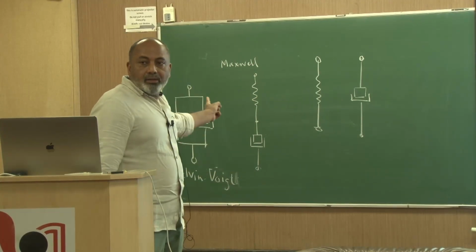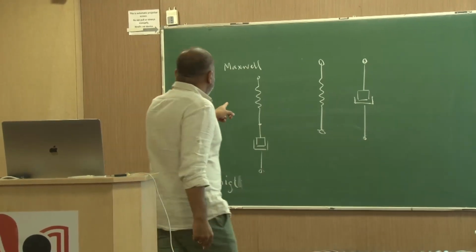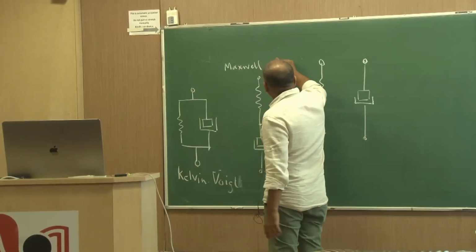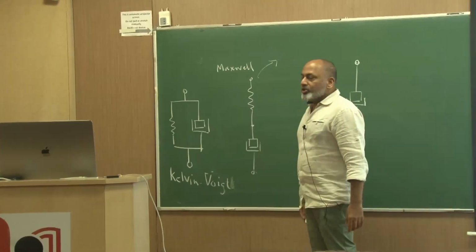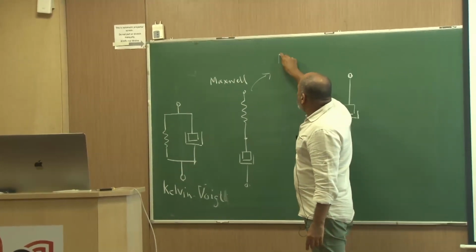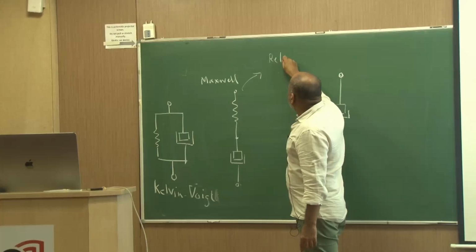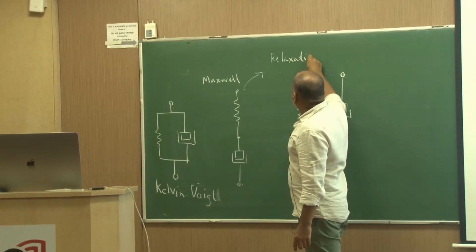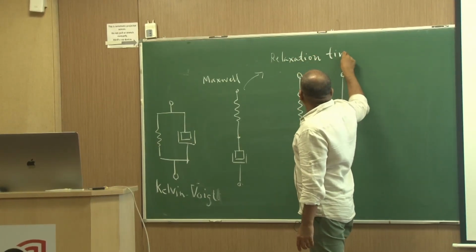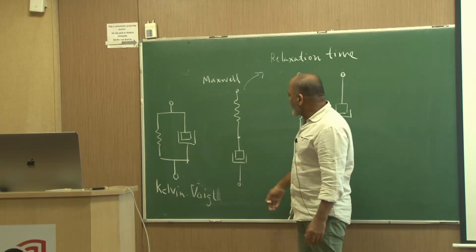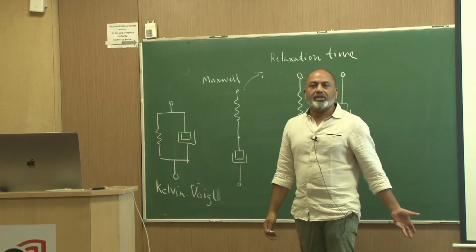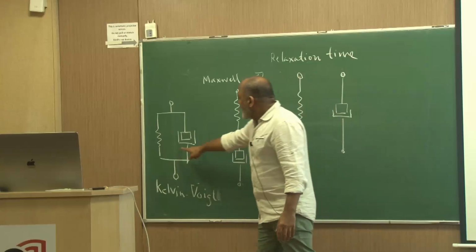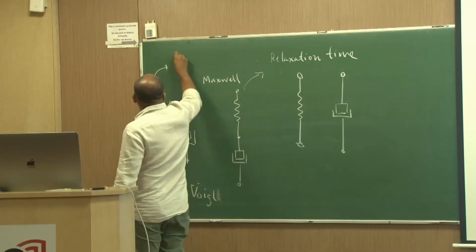Now, for these kinds of materials, this Maxwell thing is talked about in terms of relaxation time. That means if I apply a stress and release it, what is the time it takes for the stress to relax back? This is called retardation time.